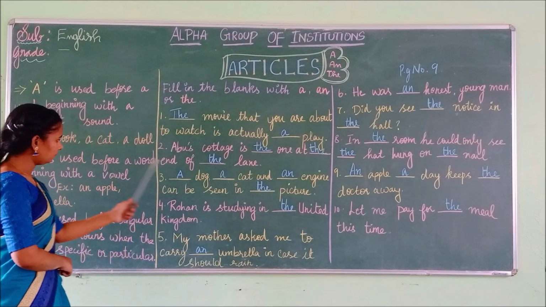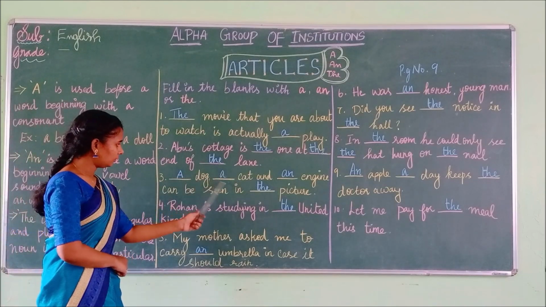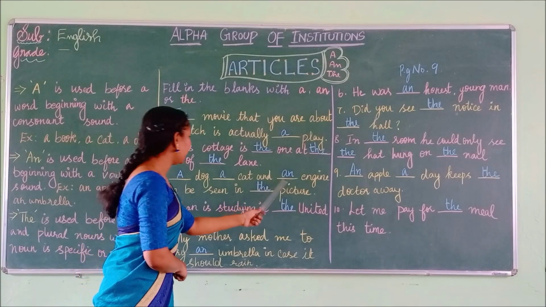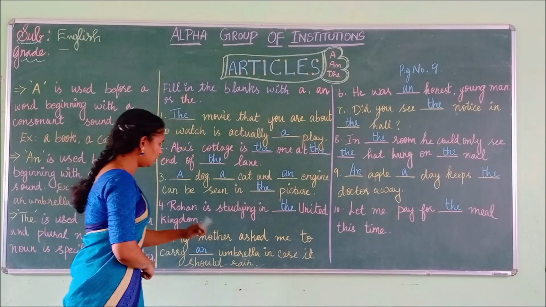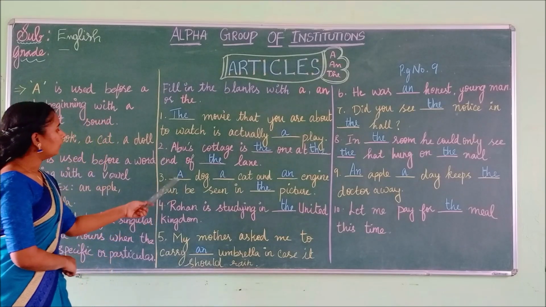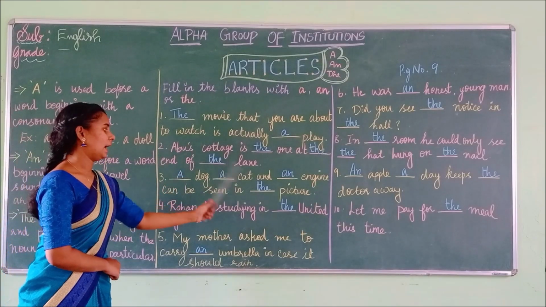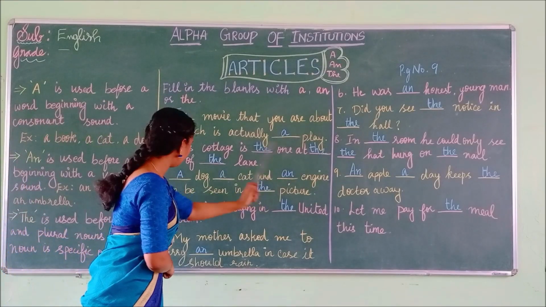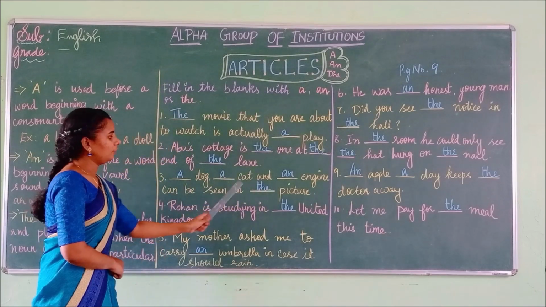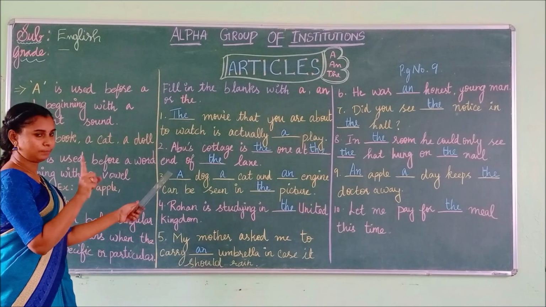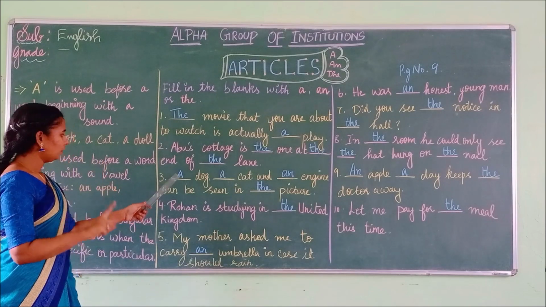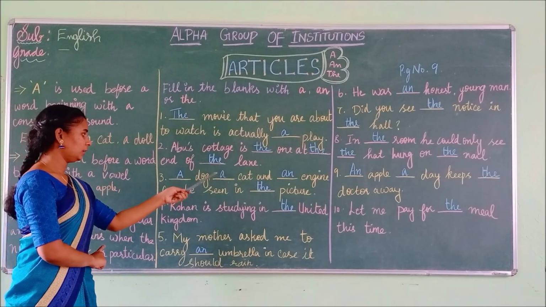Next we have got, dash dog, dash cat and dash engine can be seen in dash picture. So what is the answer here? A dog, a cat and an engine can be seen in the picture. So here they are talking about one dog. It's not written here dogs.